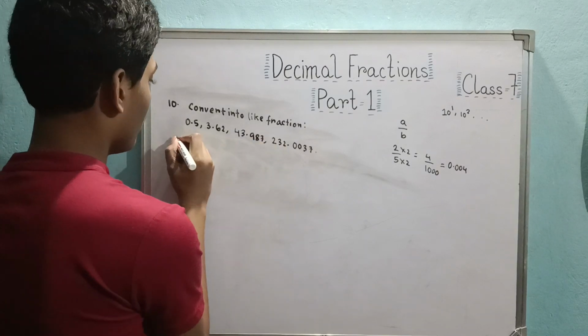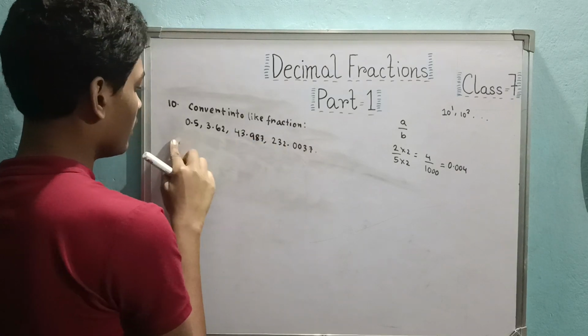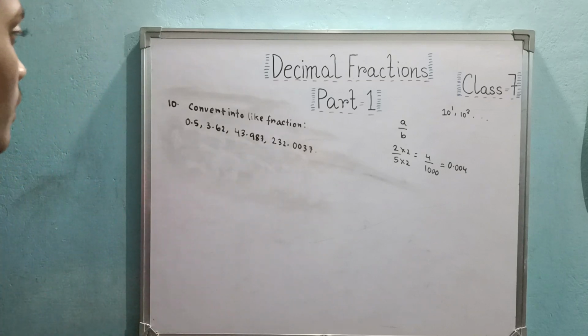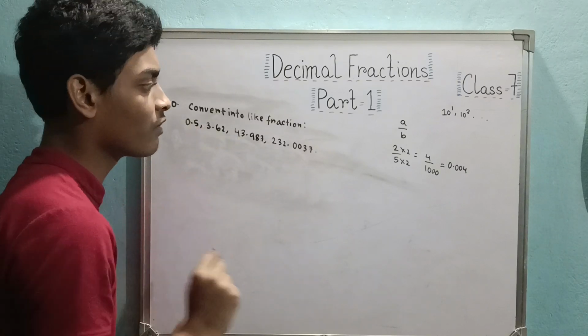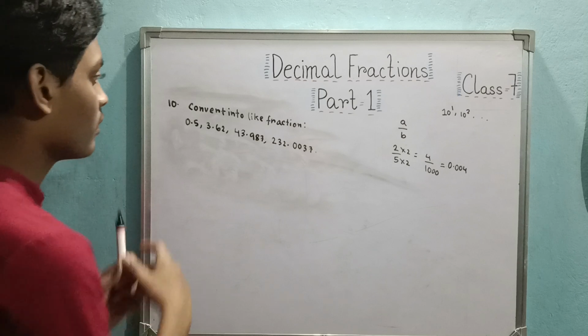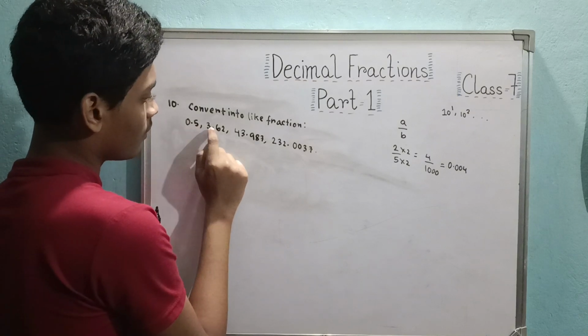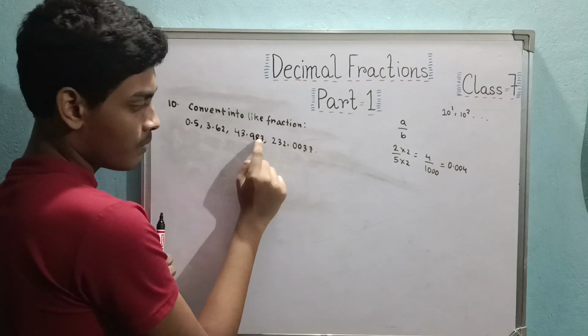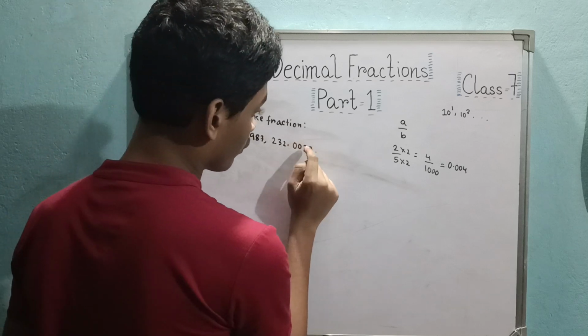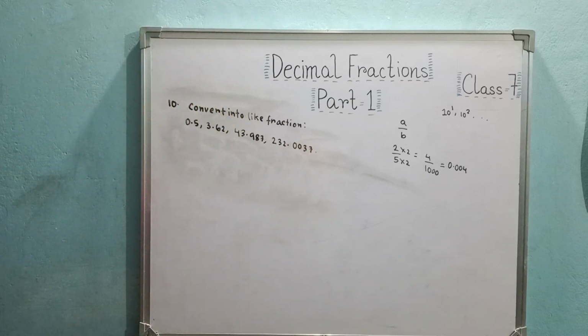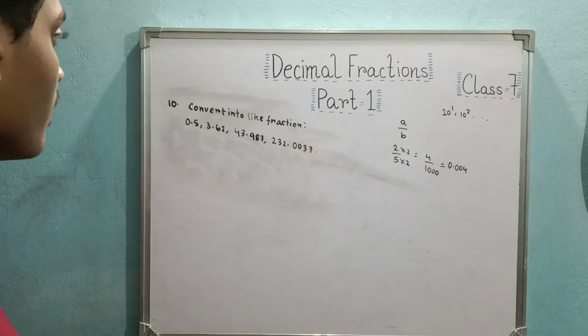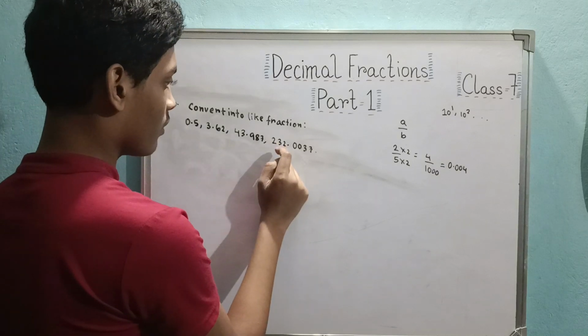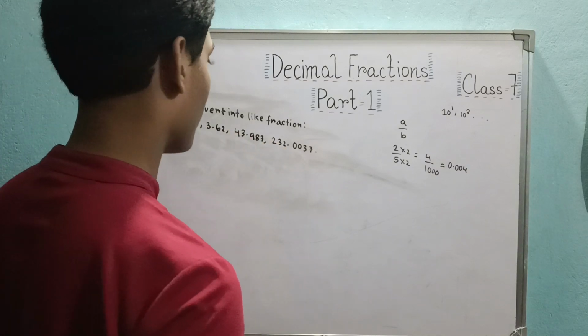See in which of these numbers there is the highest number of decimal places. Here 1 decimal place, here 2, here 3 decimal places, and here 1, 2, 3, 4 decimal places. So to make them like fractions, in each of these numbers we have to make 4 decimal places. How can we do that?